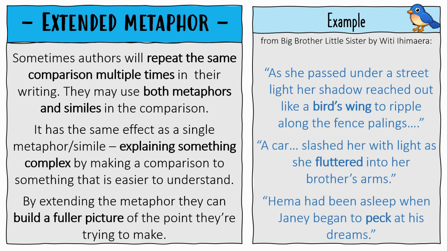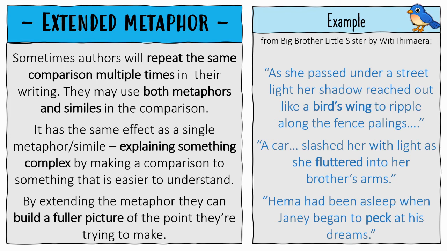Here's some more examples from Wete Ihemāra in Big Brother, Little Sister. He constantly compares Janie, the little sister, to a bird. As she passed under a streetlight, her shadow reached out like a bird's wing to ripple along the fence palings. Later on in the story, a car slashed her with light as she fluttered into her brother's arms.